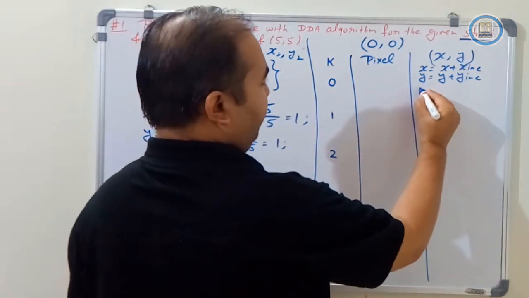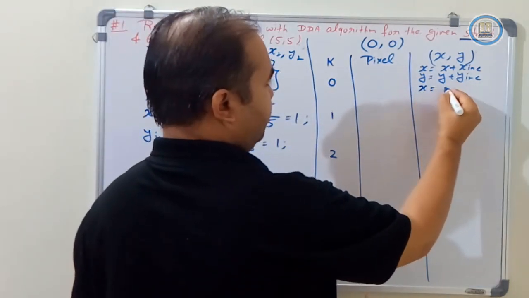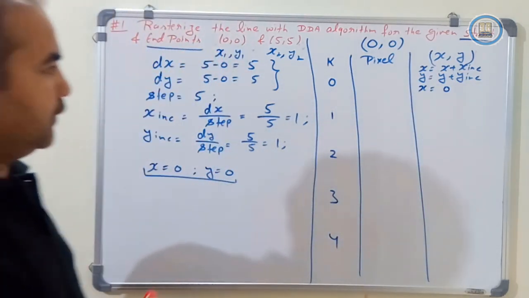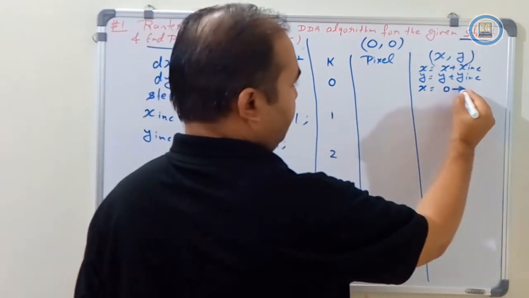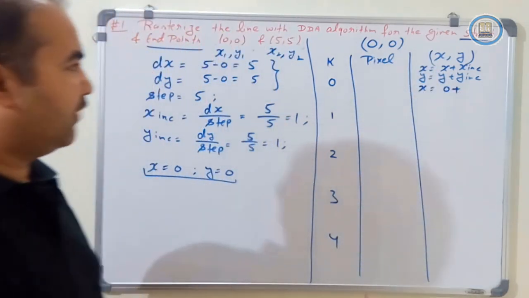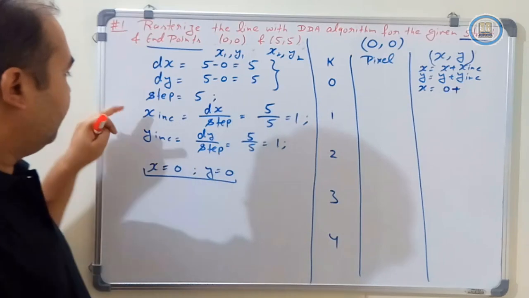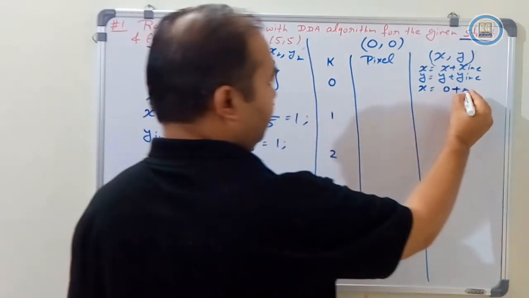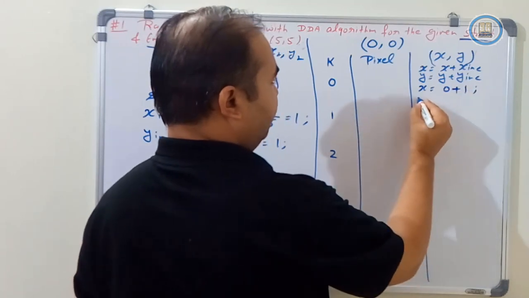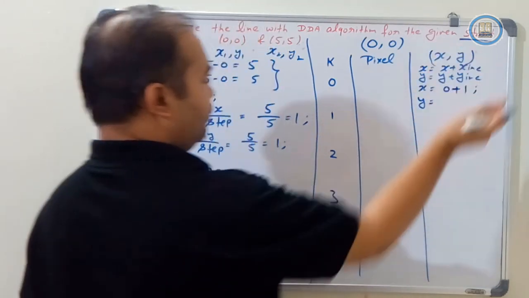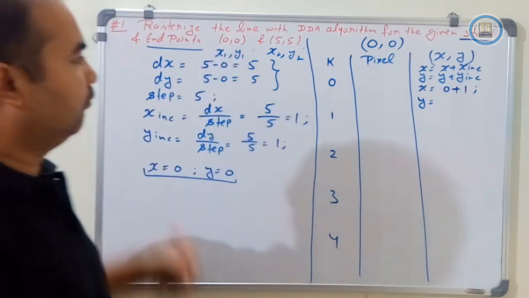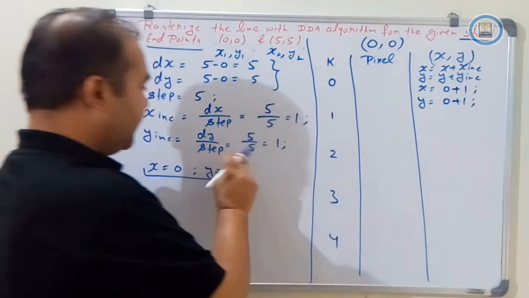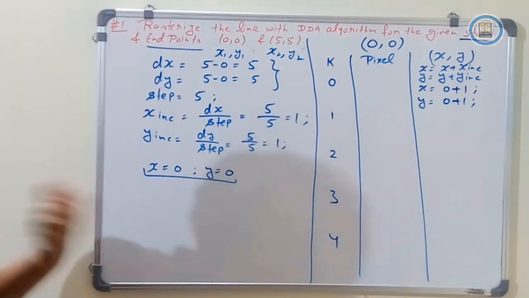So the value of x: x is 0, the starting point, plus the x increment. We calculated x increment as 1, so add 1. Same for y: y plus y increment, the starting point is 0, so 0 plus 1, because the y increment is also 1, so it is again 1.